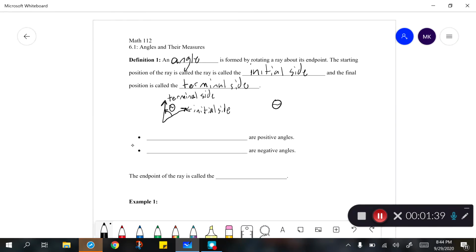Okay, so counterclockwise gives us a positive angle, while clockwise gives us a negative angle. So if our angle is rotated like that, that represents a positive angle.